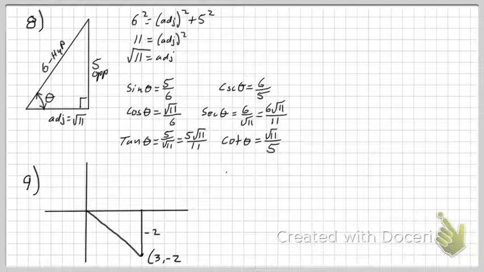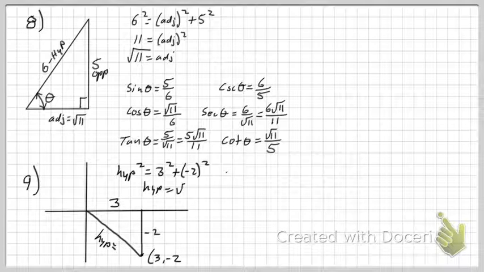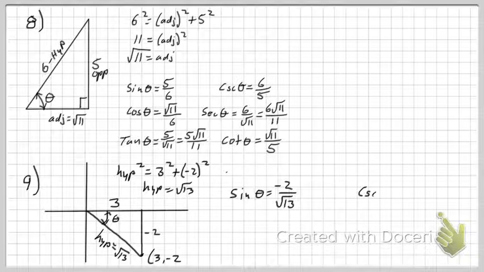Okay, sort of the same idea on this problem right here, except it's giving me an ordered pair. Okay, well, I know the ordered pair. This is just going to be a triangle, side adjacent of 3, side opposite of 2 in fourth quadrant. So this is really no different than problem number 8, just different numbers, different quadrant.